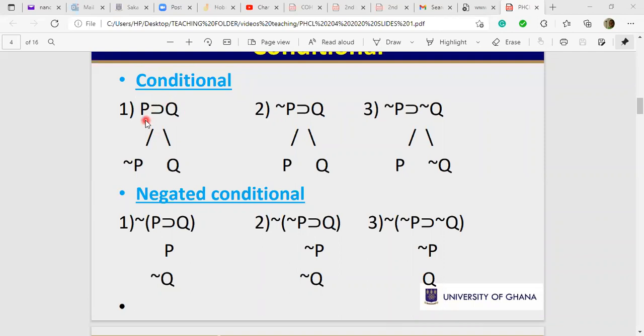Okay, the reason therefore is the antecedent is false. Madam, your voice is breaking. We can't hear you. Who's that? Is it better now? I think it's a network thing. Is it better now? Please, is it better?